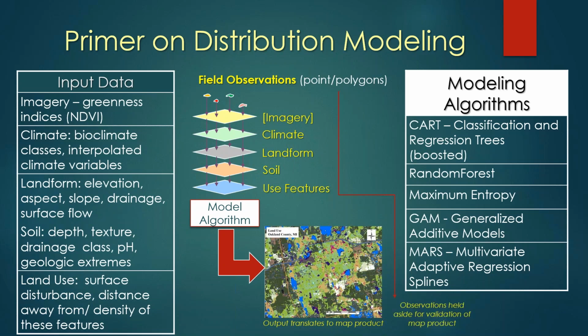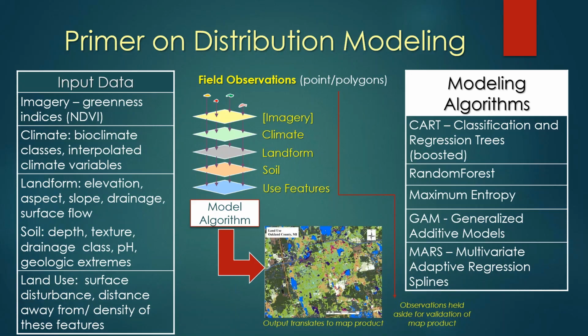For example, that interagency LANDFIRE effort in the United States uses random forest as a modeling tool with many observations, as well as wall-to-wall map information to develop those predictive models, both of the potential historic as well as the current extent.